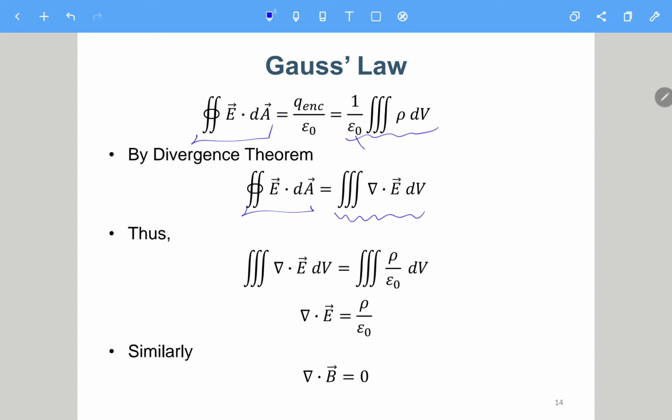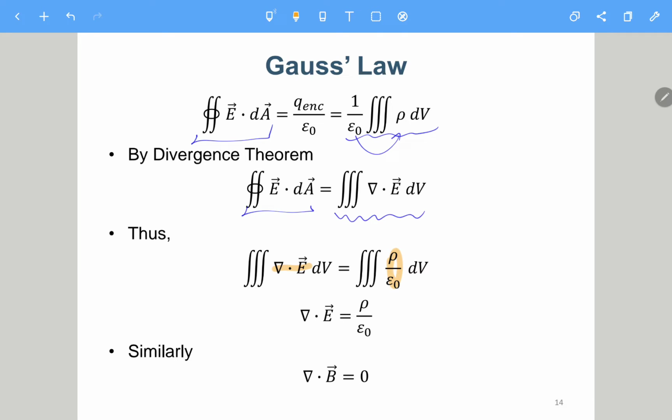And we also put this one inside because it is just a constant. Okay, so here we have a triple integral of this stuff over dV, and then we still have a triple integral dV for the same thing.